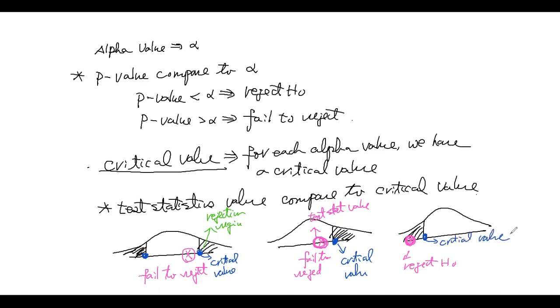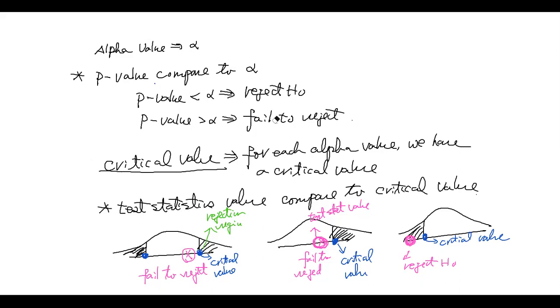So we talk about two very simple concepts. With the alpha value, you compare the p-value to the alpha value. Or, if the p-value is difficult to find, you find the critical value and compare the test statistic versus the critical value.